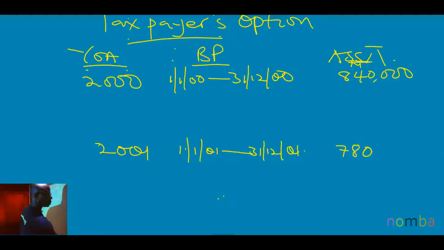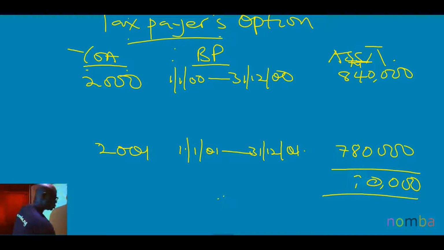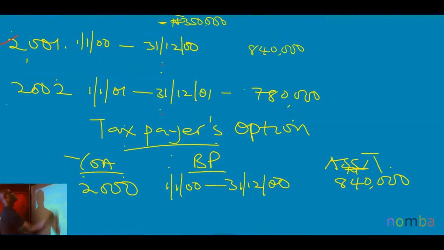Now you add these two figures up, and compare to those 2 years there. If we add these two figures, what do we have? 1,620,000.